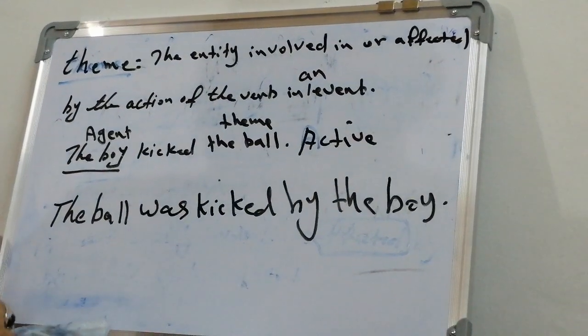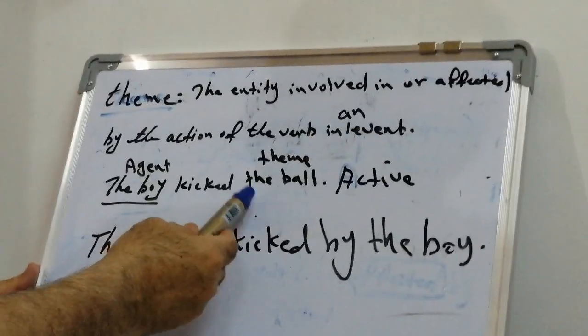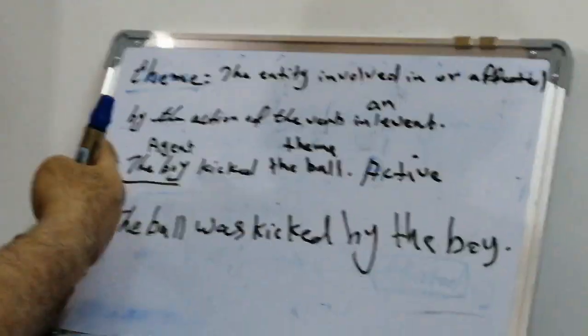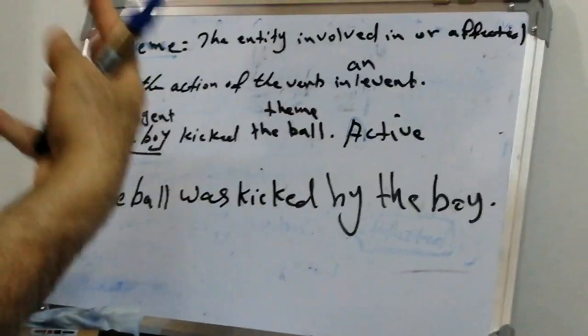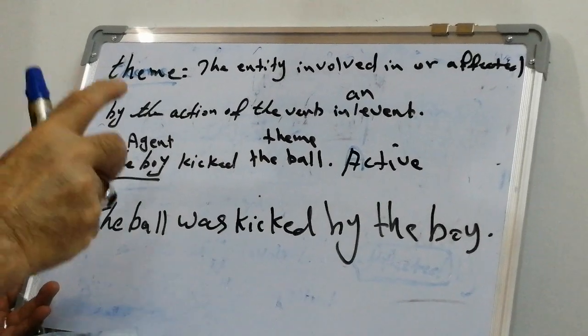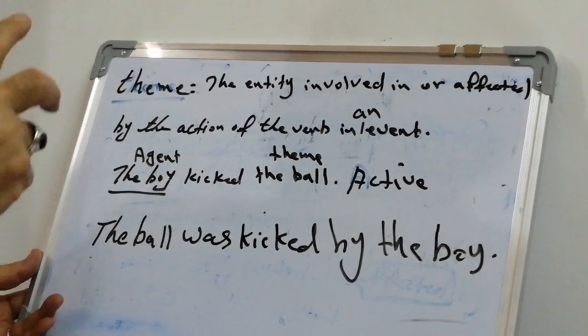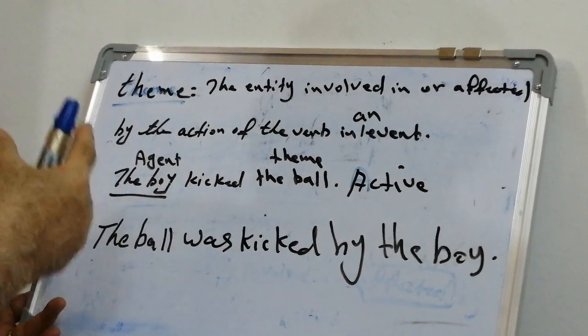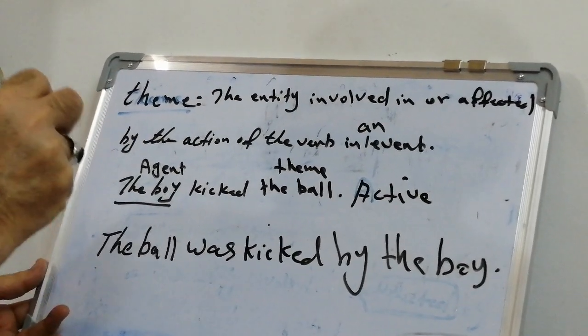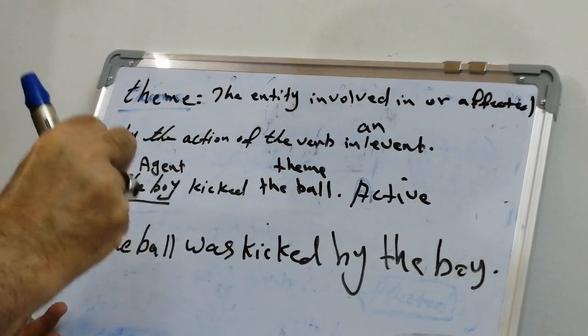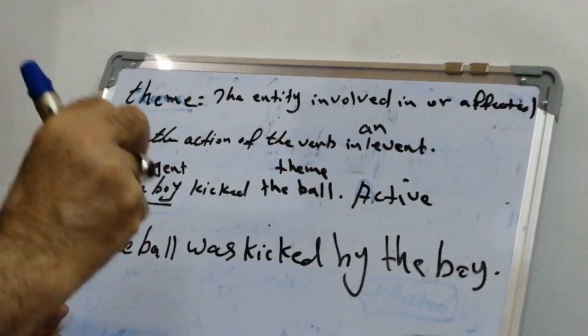Now, when we talk about this, put in your mind that we are talking about the roles of NPs, not from the point of view of syntax or surface structure. We are talking about the roles of NPs from a semantic point of view, from a deep structure point of view.